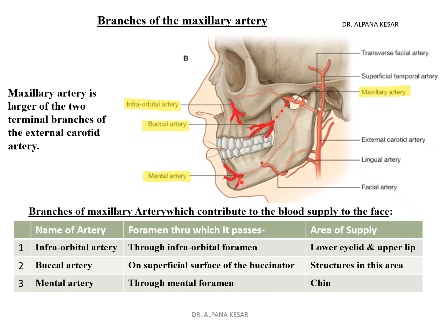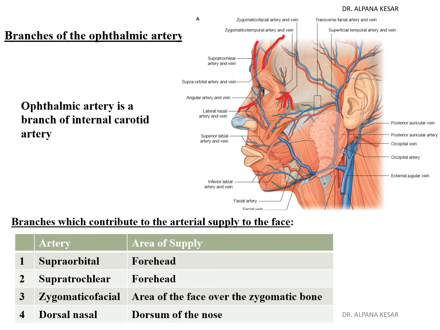Mental artery enters the face through mental foramen and supplies blood to the chin and the lower lip. The fourth artery which supplies blood to the face is ophthalmic artery. Ophthalmic artery is a branch of internal carotid artery.